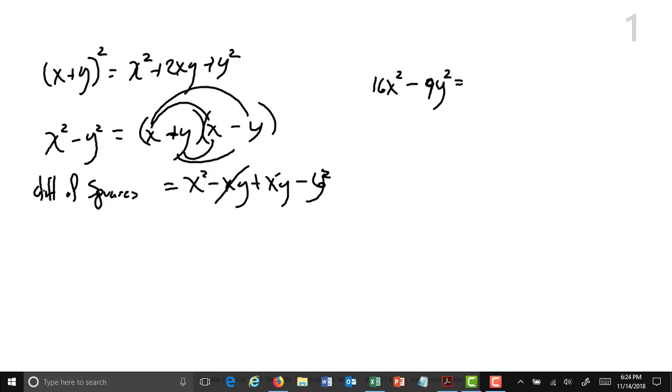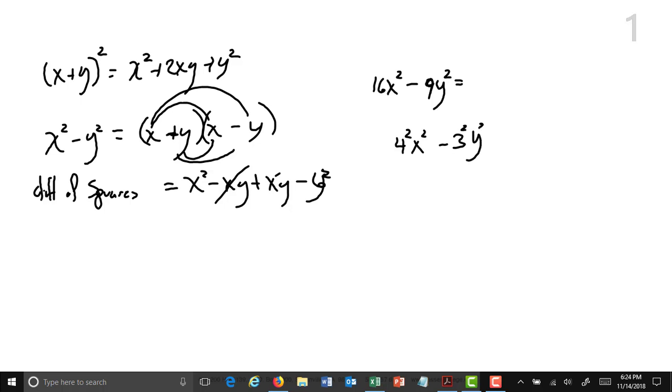Okay, using this idea, first of all, do we have a difference of squares? It looks like we do. But notice that I can write 16 as 4 squared, x squared, minus 3 squared, y squared.